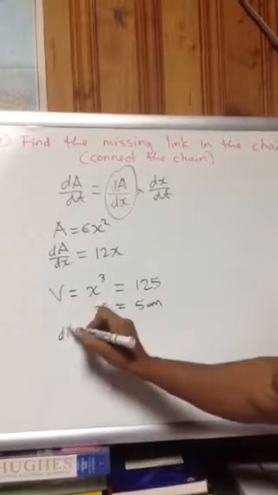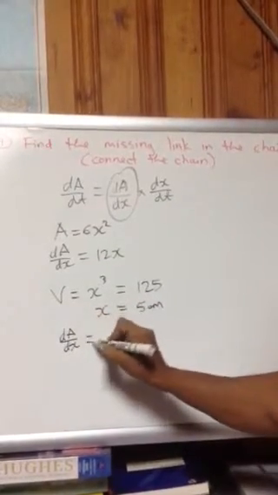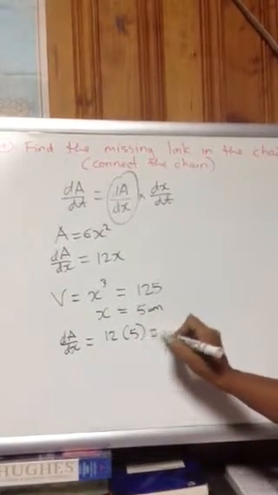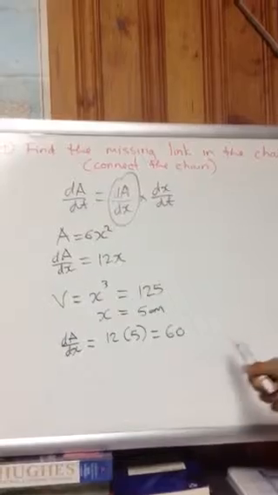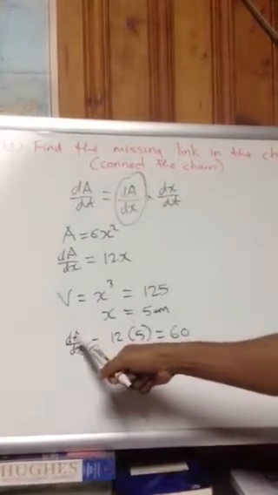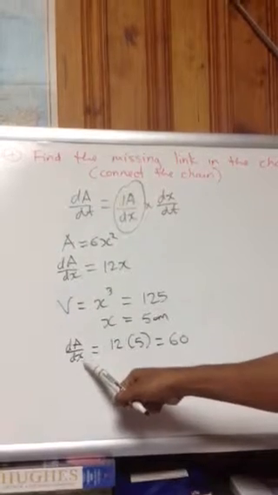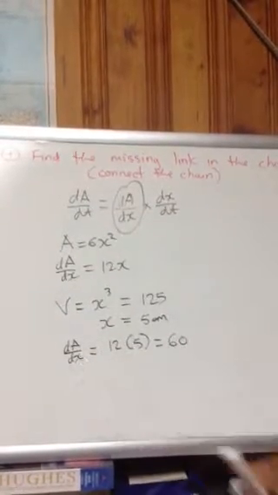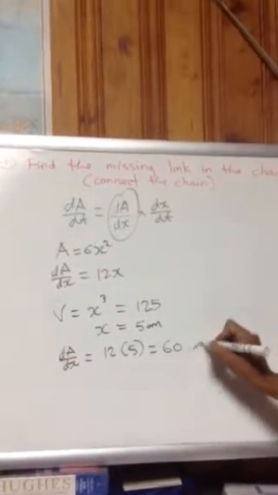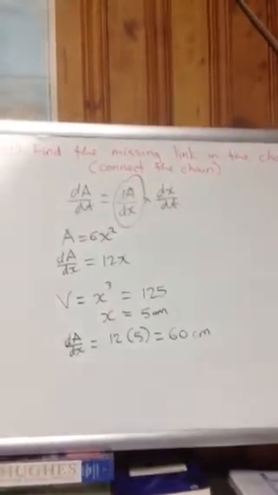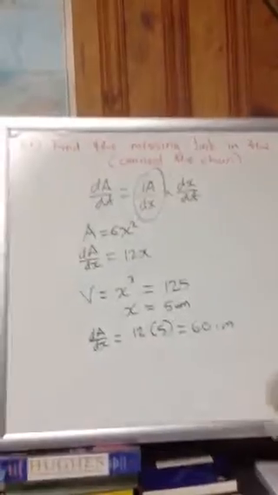And therefore, dA/dx at this instant will be 12 times 5, which is 60. And the units would be total surface area, centimeters squared over length of a side, centimeters. Cm squared over cm is equal to cm. So dA/dx is 60 centimeters at that instant.